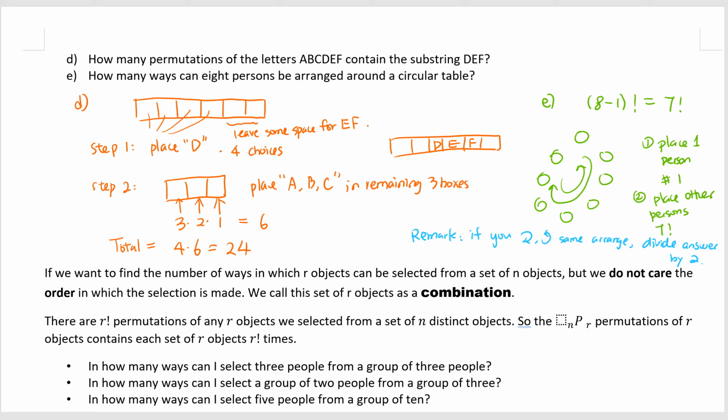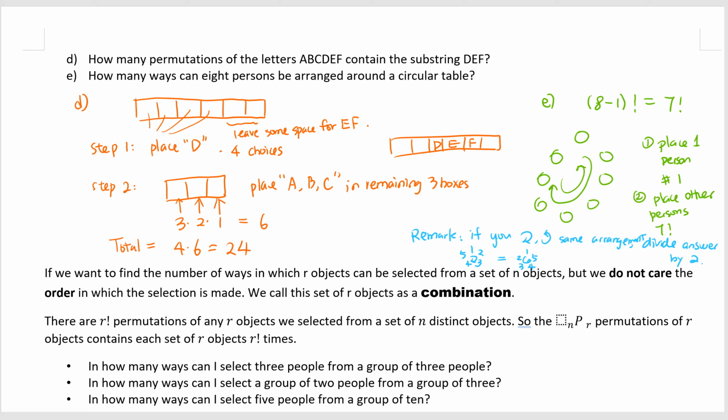What I mean by considering clockwise and counterclockwise as the same arrangement is this: 1, 2, 3, 4, 5. If you think this is the same as 1, 2, 3, 4, 5 in the opposite direction, like clockwise and counterclockwise, then you need to divide it by 2.